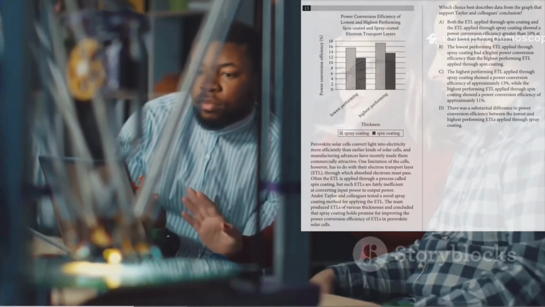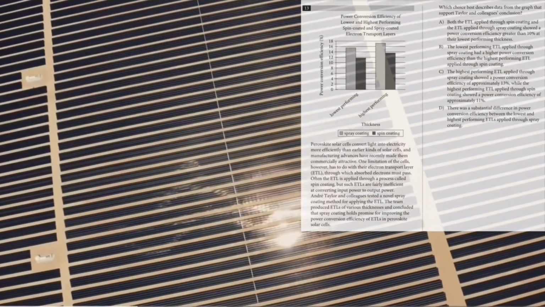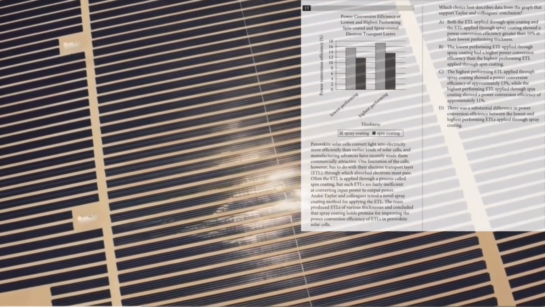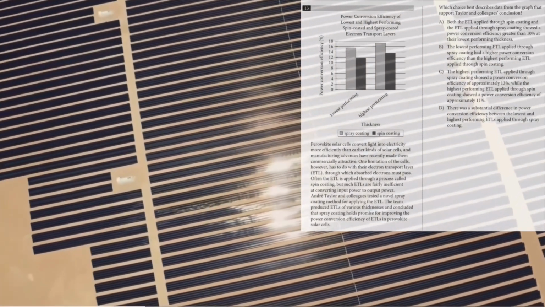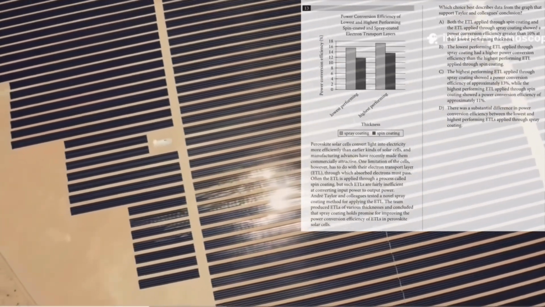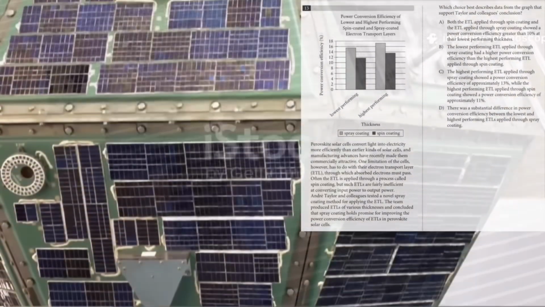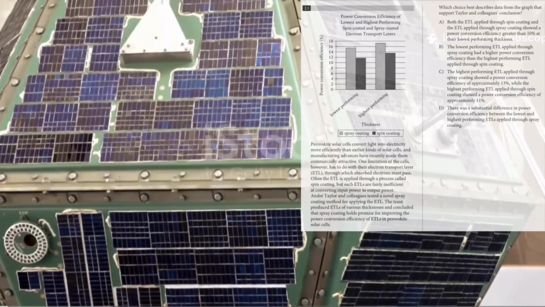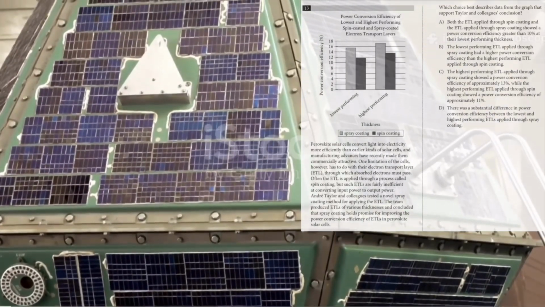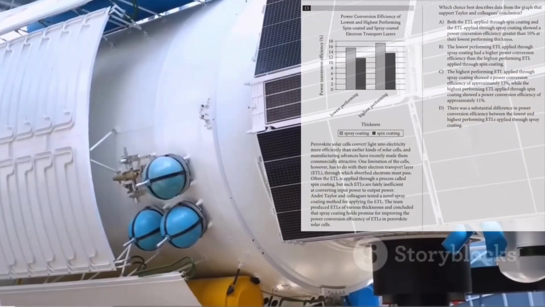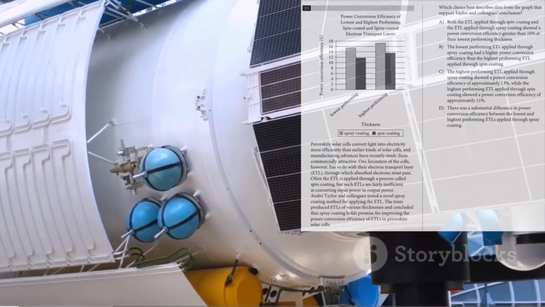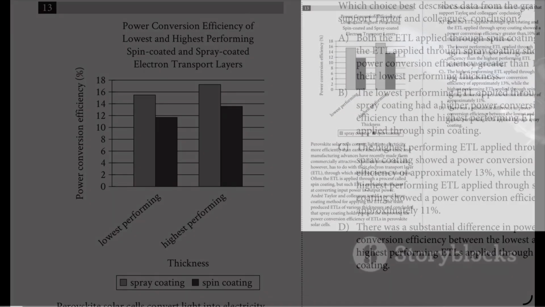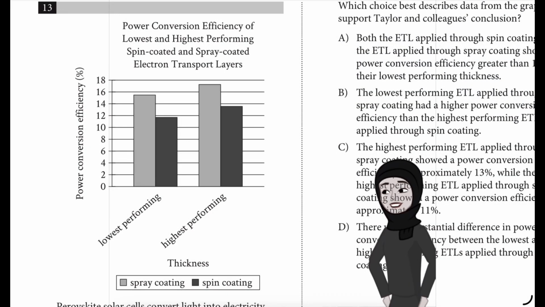C. The highest performing ETL applied through spray coating showed a power conversion efficiency of approximately 13%, while the highest performing ETL applied through spin coating showed a power conversion efficiency of approximately 11%. D. There was a substantial difference in power conversion efficiency between the lowest and highest performing ETLs applied through spray coating.